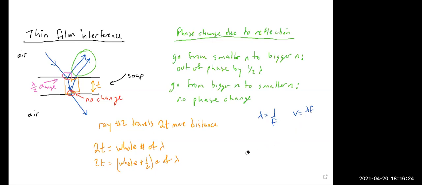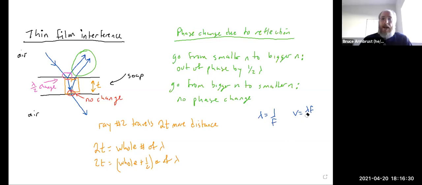Do you guys kind of remember that? Vaguely. Right. So your velocity is your wavelength times your frequency. Wavelength is in meters, frequency is per second, so meters per second. The easiest way to remember this stuff is just to go to units. So we have V equals lambda times frequency, which means lambda is V over the frequency.